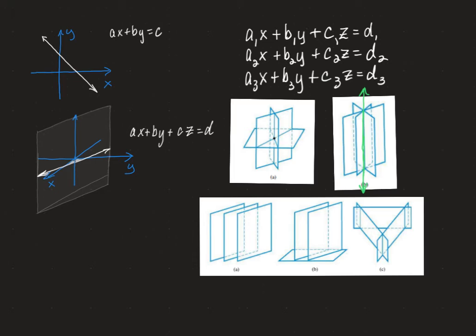And yet this is not a dependent system in the same way we had dependent systems with lines. A dependent system with a plane would be another plane that occupies the same space, or rather 3 planes that occupy the same space. Here we have 3 different planes, and yet they intersect to form an infinite line.